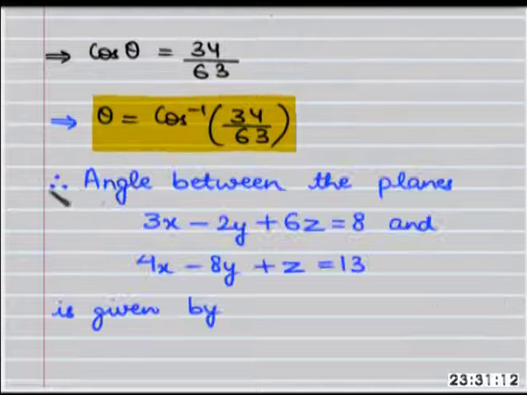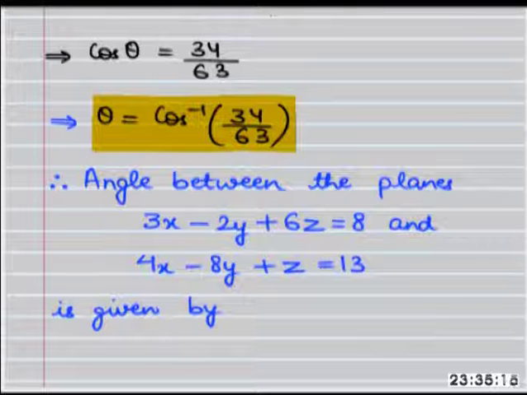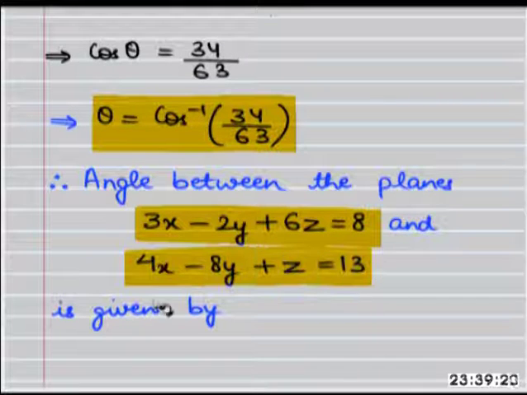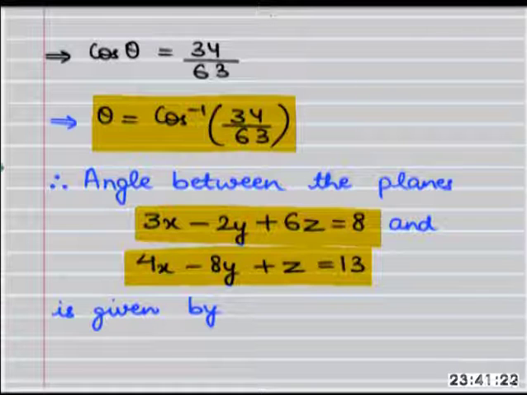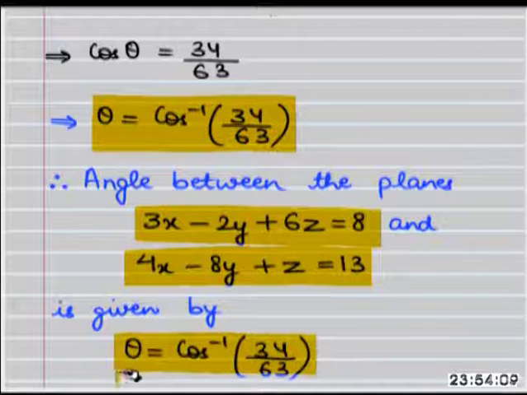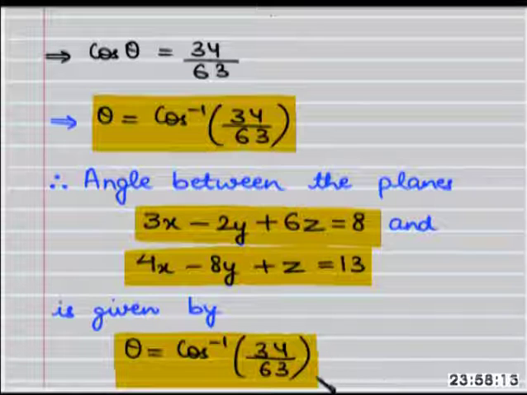Therefore, angle between the planes is given by theta is equal to cos inverse of 34 upon 63. Which is the required solution.